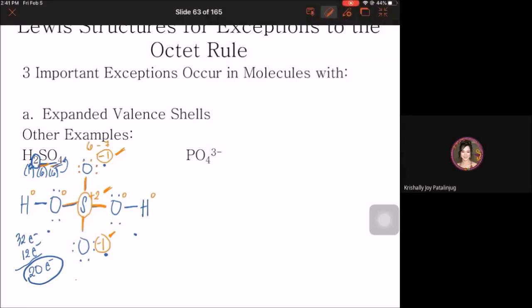Okay, so yung mangyayari ngayon, balik ko si sulfur. Di ba si sulfur, as mentioned earlier, present siya sa periodic table under period 3. And I have mentioned earlier nga yung mga atoms found in period 3 and pababa, sila yung mga atoms na usually nag-e-expand. So si sulfur, capable din siya mag-expand.